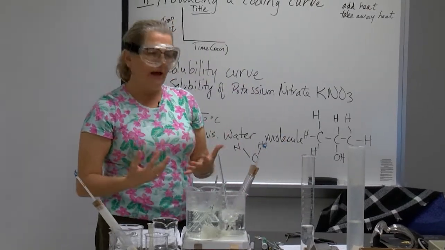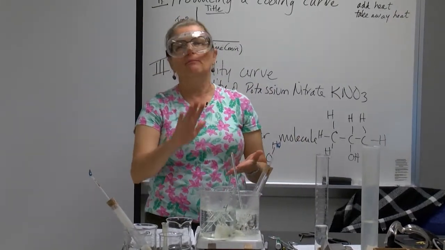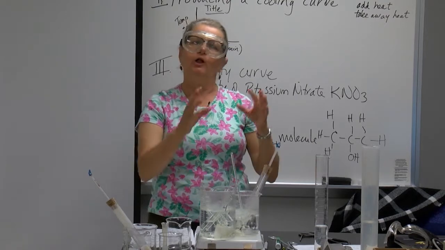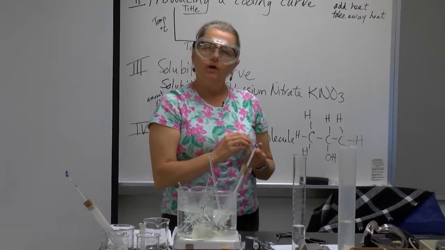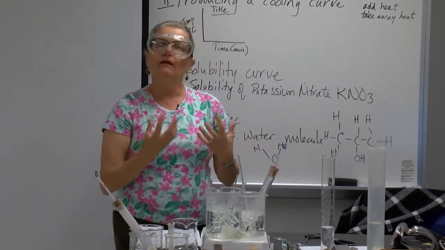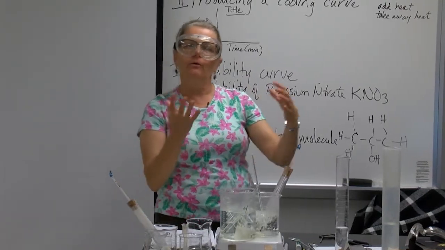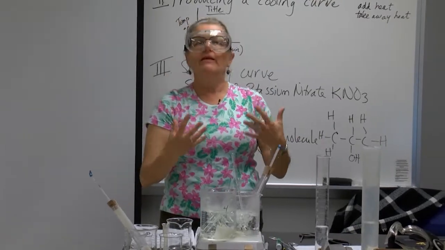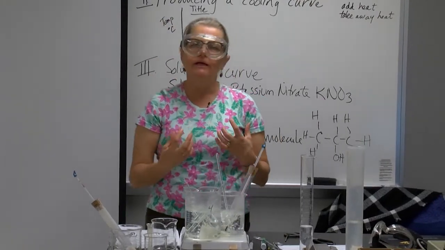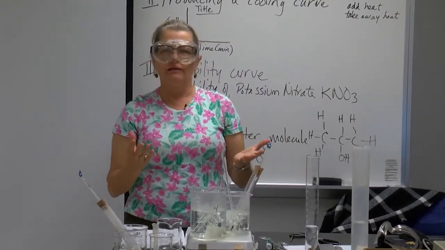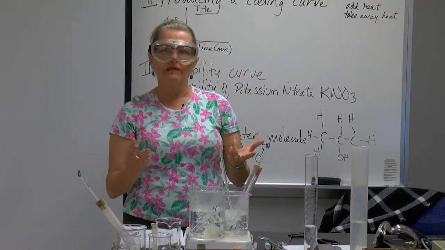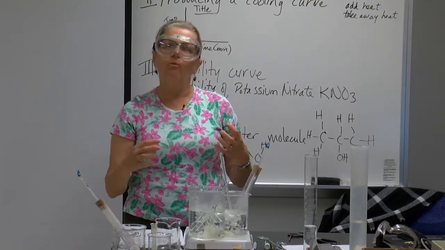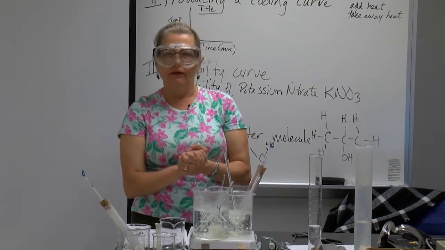So this lab on the properties of matter, we're going to learn about some of the properties of matter. We're going to learn about density. We're going to learn about the heat of fusion. We're going to learn about melting points, boiling points. These are all different properties that various items possess that help us figure out what it is that we're dealing with.